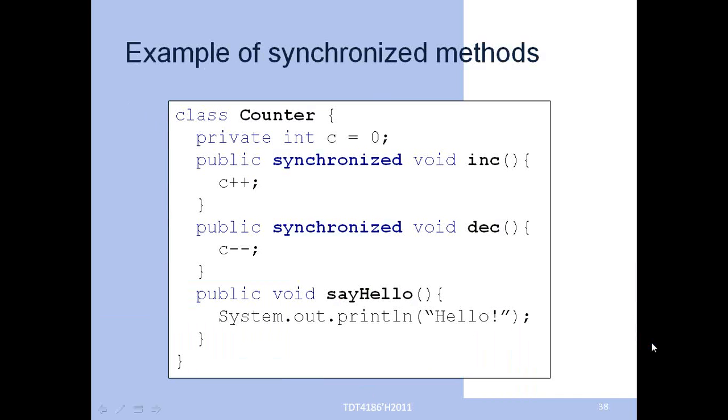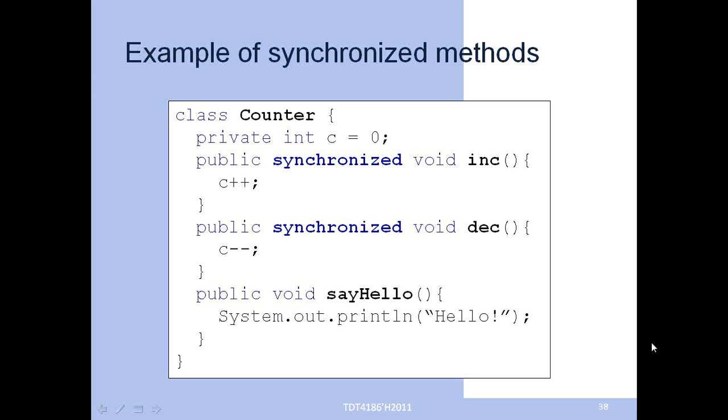Example of synchronized methods. There is a class called Counter, and we have a couple of methods to increment the value of the instance variable C and to decrement the value of the instance variable C. There is another method, sayHello. Can I ask why there is no synchronized keyword before the sayHello method?